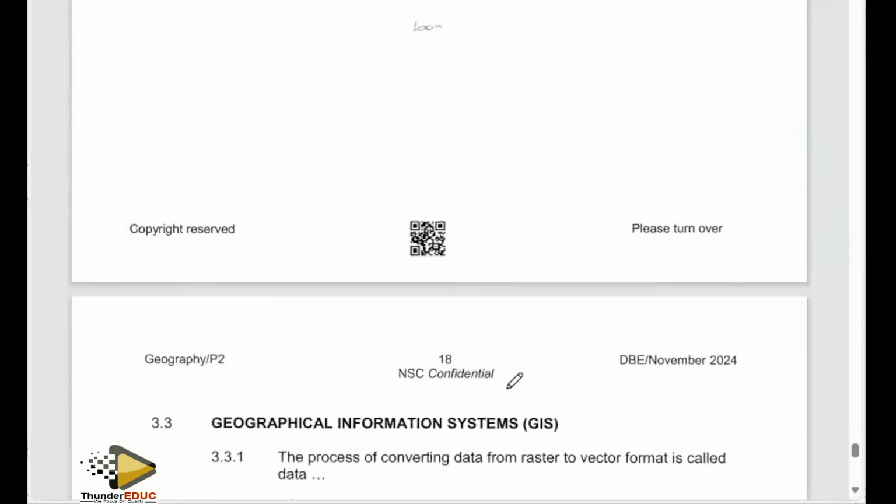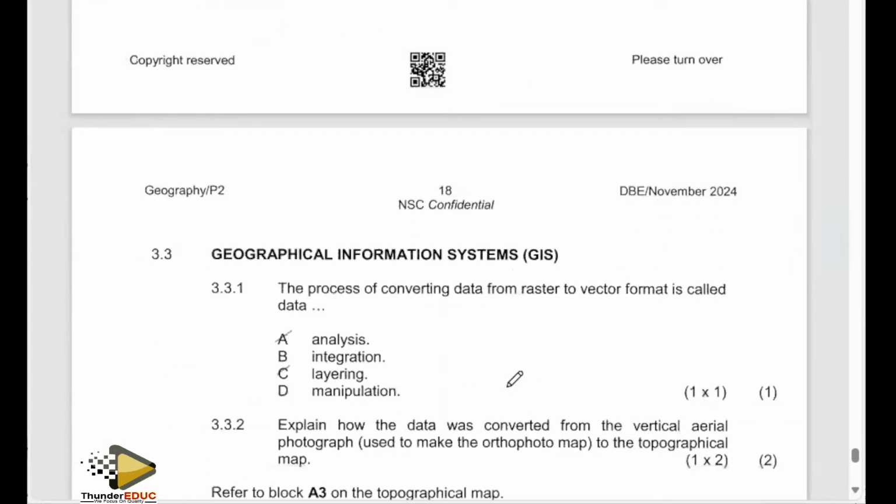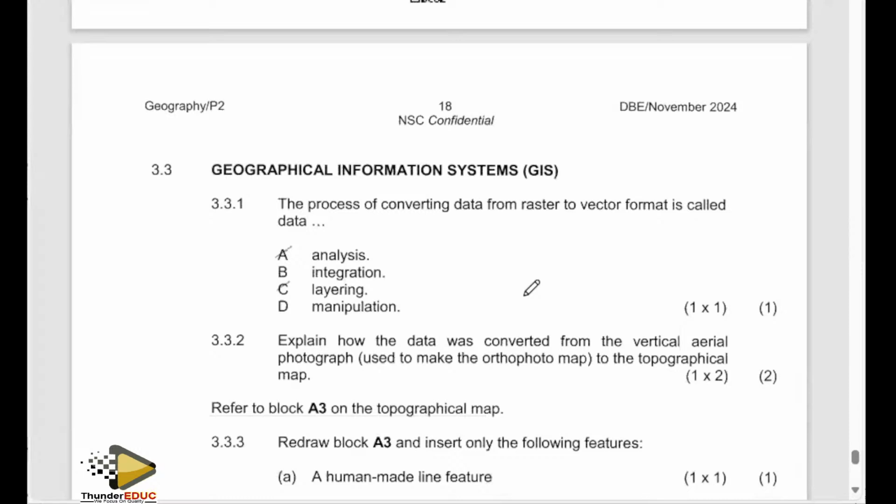We move on to question 3.3, which is the last part, which is part of the GIS, the Geographical Information Systems. Right. Converting data from raster to vector format is called data dash.